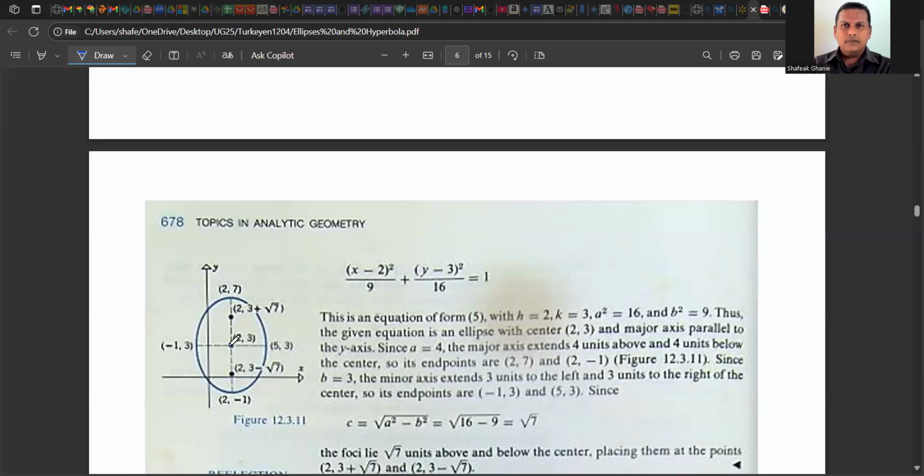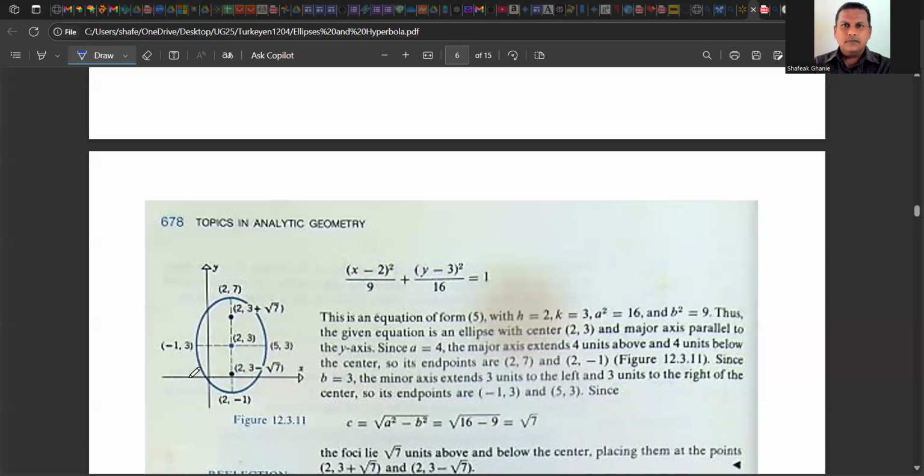So the co-vertices will be 2 plus that 3, which gives you 5, and then minus the 3, you get minus 1 here. So you can know the vertices and co-vertices, and to get the foci, you have to use that C relation, the relationship connecting A, B, and C. Find C, right? And C is root 7, right?